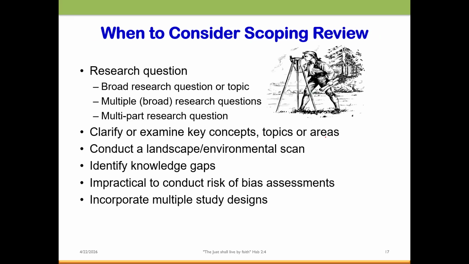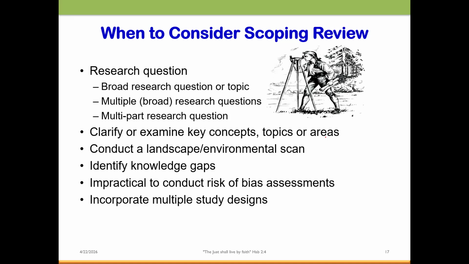And when do you consider carrying out a scoping review? Of course, when you have a broad research question or topic, or multiple research questions, and you want to clarify or examine key concepts, topics, or areas; when you want to conduct a landscape or environmental scan; when you want to identify the knowledge gaps; when it is impractical to conduct risk of bias assessments.